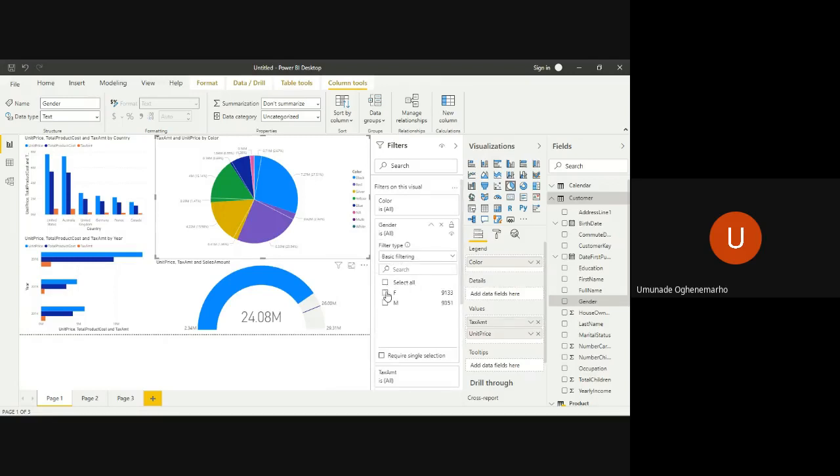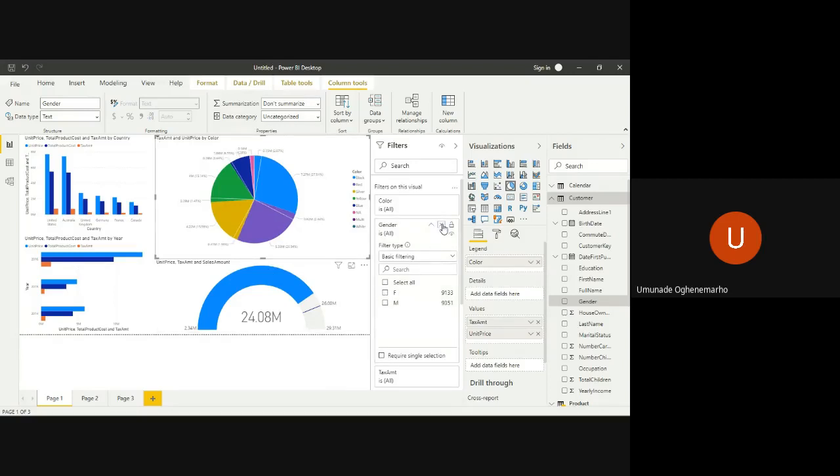Now I can select whether female or male data. I have male. If you look at the values, let me use a visual that will show it clearer.